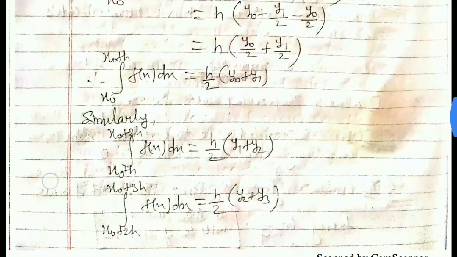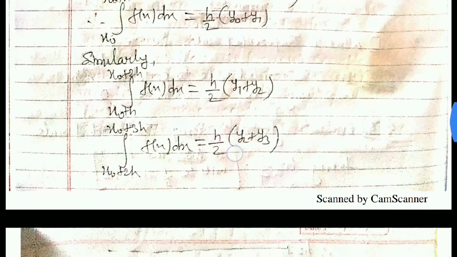Similarly, if we replace x0 by x0 plus h and take the upper limit as x0 plus 2h, then we get the value h by 2 into (y1 plus y2). From x0 to x0 plus h there is y0 plus y1, and from h to 2h there is y1 plus y2. Similarly, from 2h to 3h we find h by 2 into (y2 plus y3).